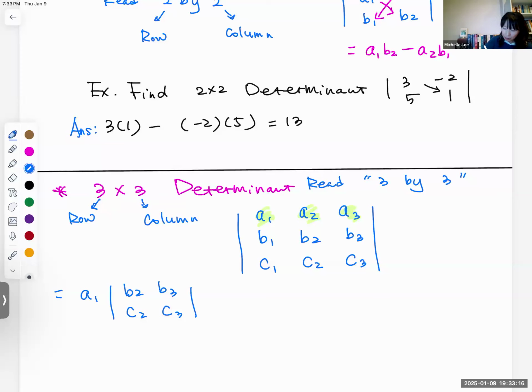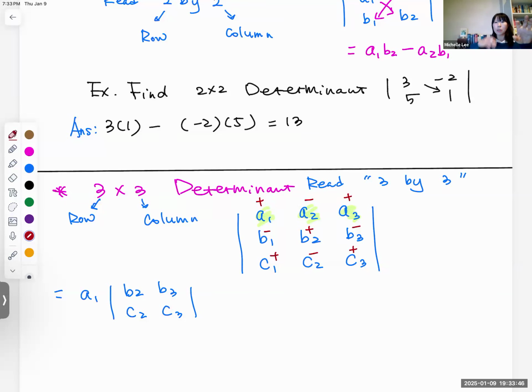And the signs will be positive, negative, positive. We always start with positive, then negative, positive, negative, positive, negative, positive. We will not use the numbers below, I just want to tell you the sign.